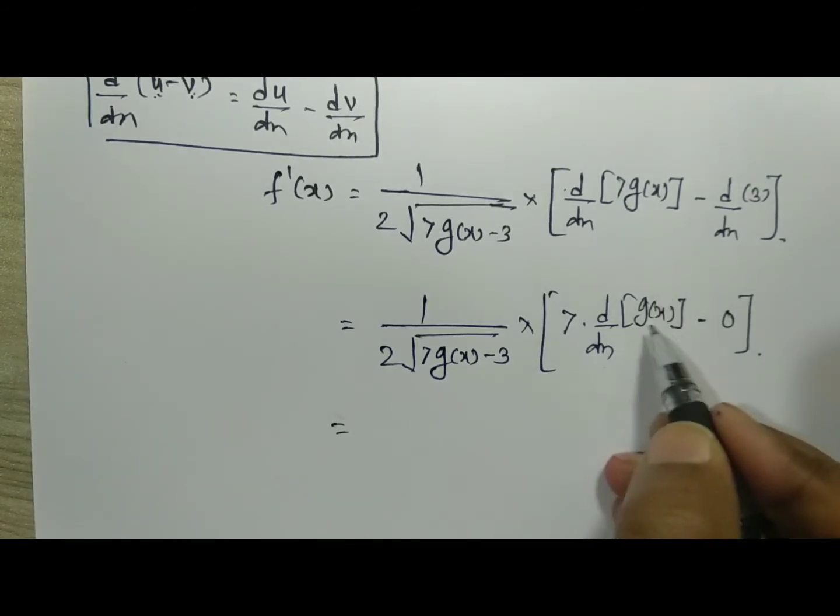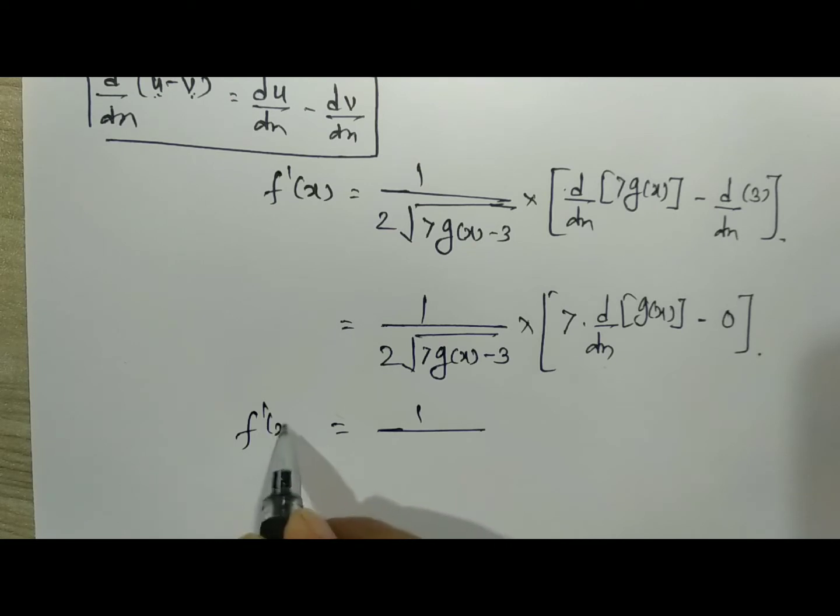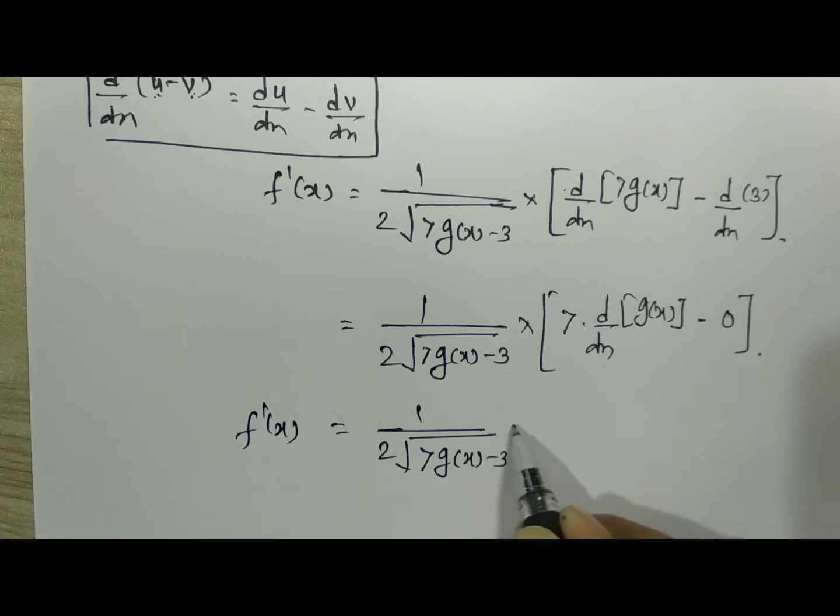The derivative of g of x is g dash x, and therefore f dash x is equal to 1 divided by 2 root 7g of x minus 3 into 7 into g dash x.